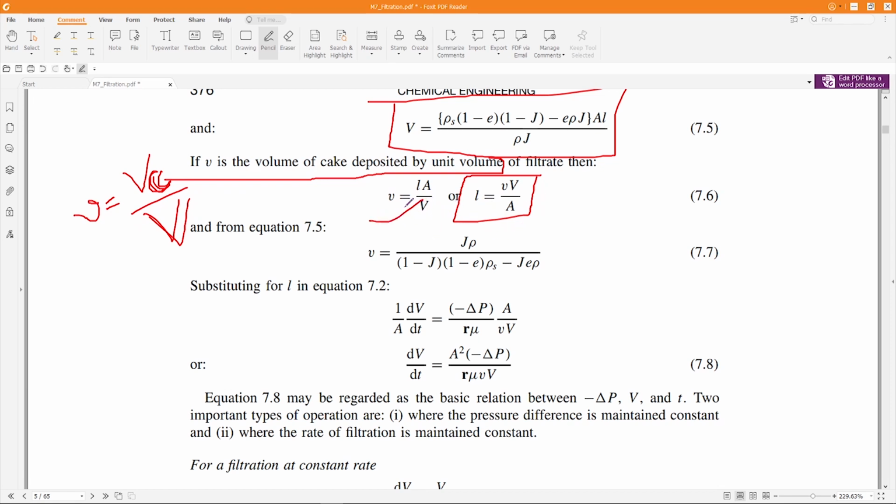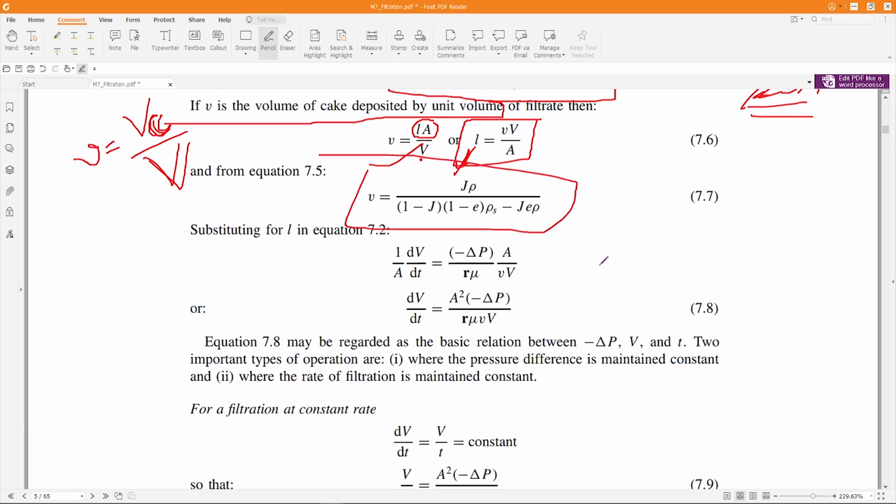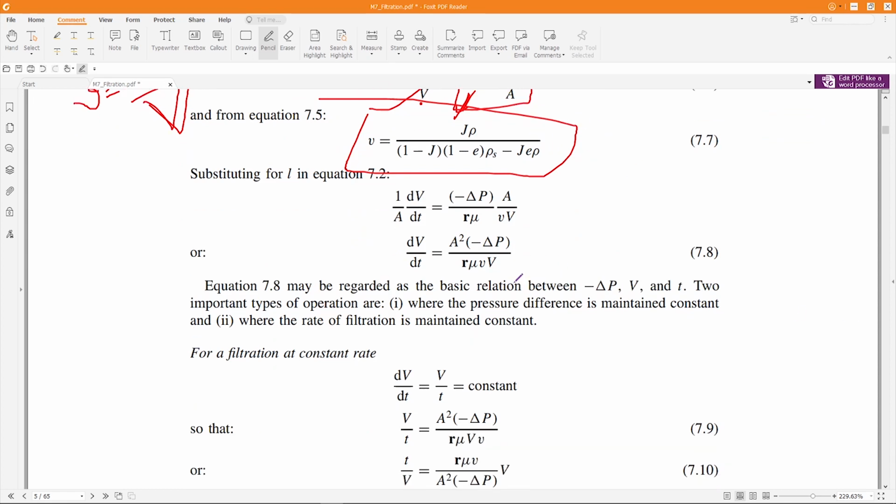So what is the volume of the cake? L into A, right? Because L is the thickness of the cake and A is the surface area of the cake. So L into A is the volume of the cake, and V is the volume of the filtrate. So you can find the thickness of the cake like this, and rearranging the equation you will get this. If you substitute the value of L, you can obtain this new equation.